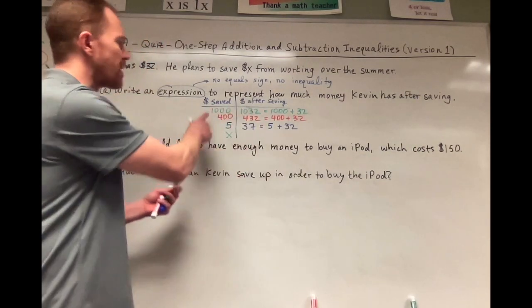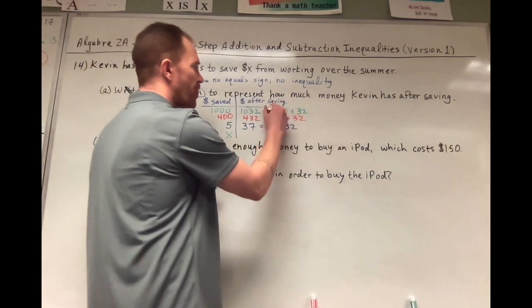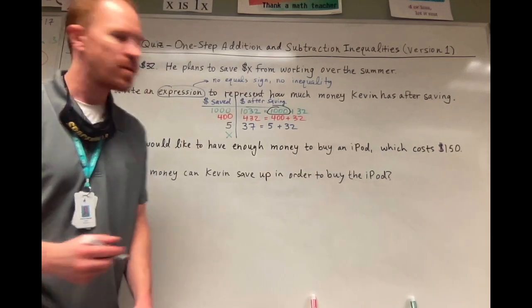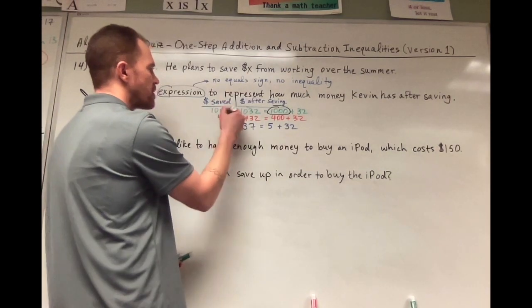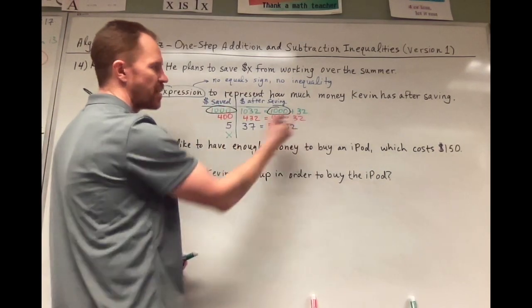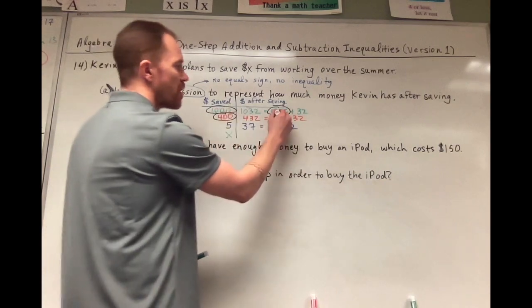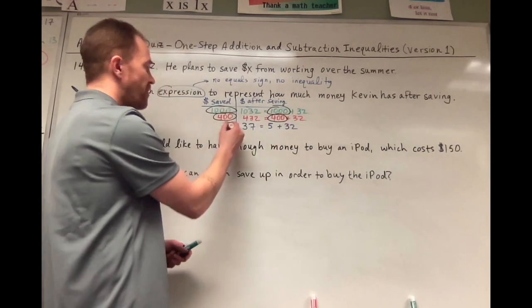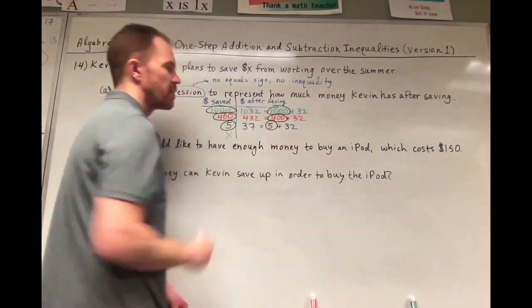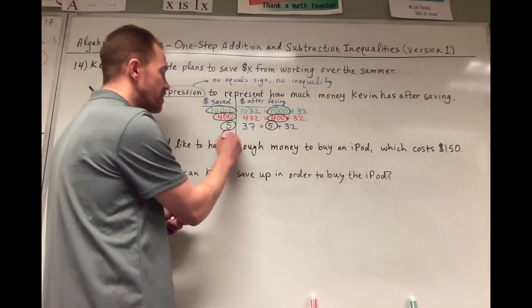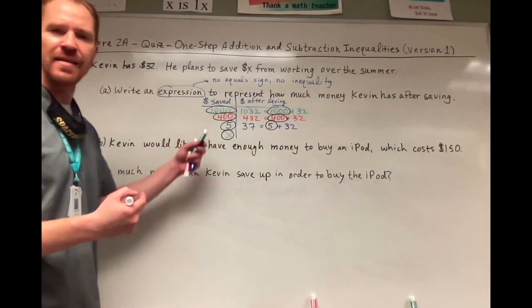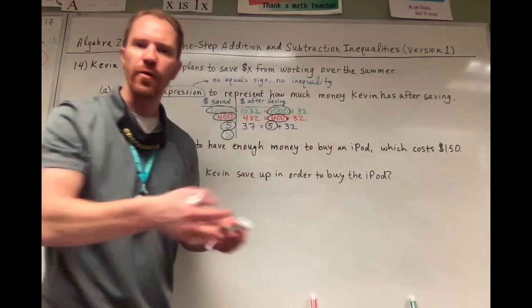Well, look at the pattern. $1,000, we did 1,000 plus 32. $400, 400 plus 32. $5, 5 plus 32. So if it's X dollars, it doesn't matter what this number is, we're always adding 32.